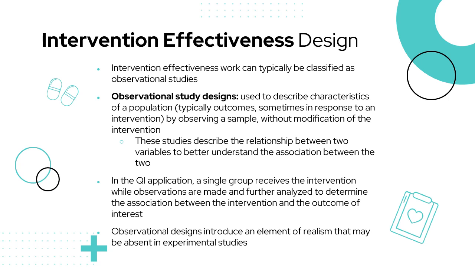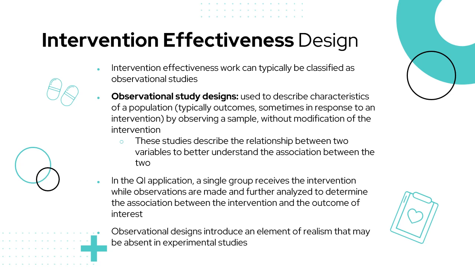Think about what I said about the physical activity and anxiety. I'm going to observe a group of people. I'm going to look at the anxiety levels that occur in those with high physical activity. I'm going to look at the anxiety levels that occur in the people with low physical activity levels, and I'm going to try and understand the relationship between the two, all right?